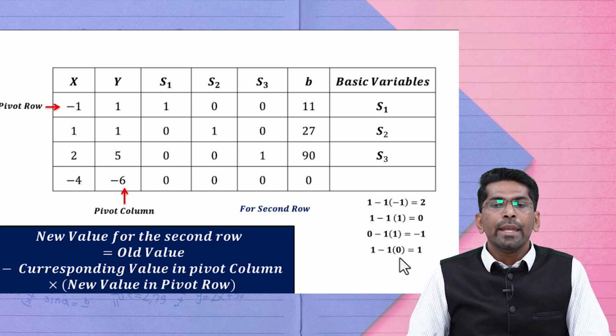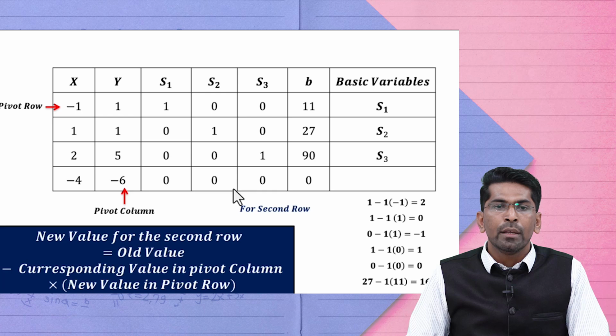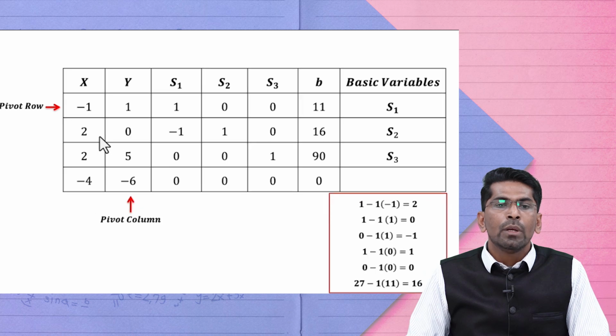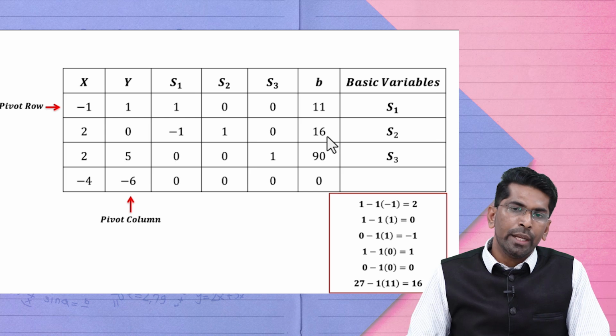Then 1 minus 1 into the new value 0, which is equal to 1. Then 0 minus 1 into 0, which is equal to 0. Then 27 minus 1 into 11, which is equal to 16. So now this second row we are going to replace with these new values. So it will become 2, 0, -1, 1, 0 and 16.